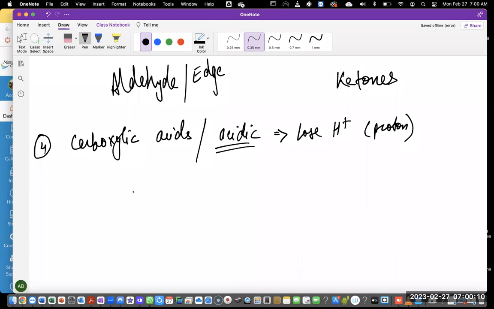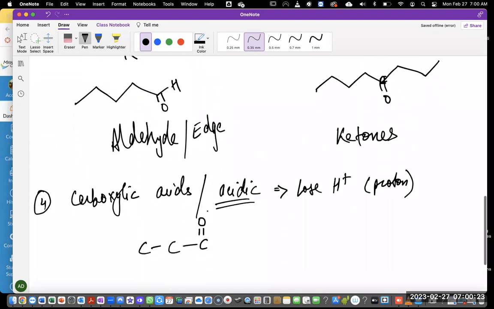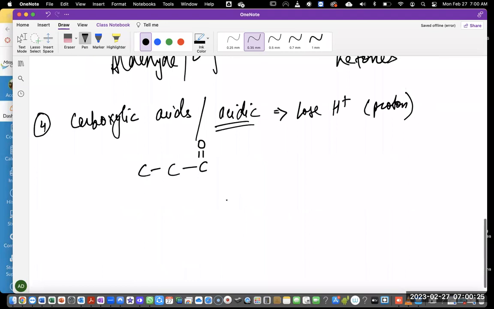So if I have a carbon chain, and that carbon chain has a C double bond O, do you see that carbonyl coming in again? We saw the C double bond O earlier in aldehydes and ketones, and we are seeing it again. But this time, this carbonyl is attached to one more oxygen, and this oxygen is bonded to hydrogen.